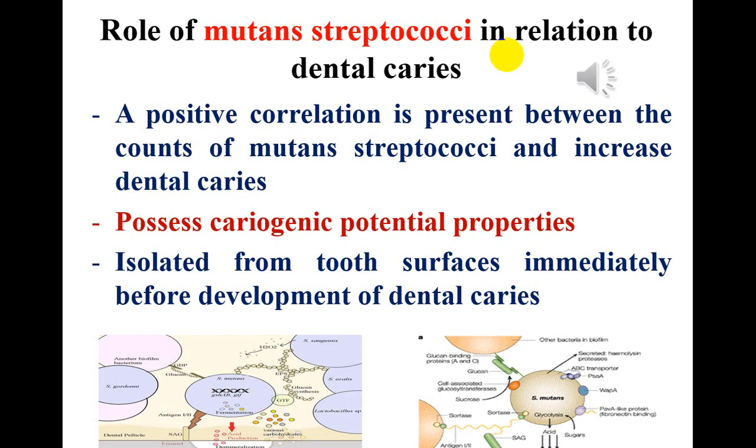They possess cariogenic potential properties, including acidogenicity, aciduricity, and the ability to produce extracellular and intracellular polysaccharide. These bacteria were isolated from surfaces immediately before development of dental caries. So these bacteria are considered to be the more cariogenic bacteria and responsible for initiation of dental caries.